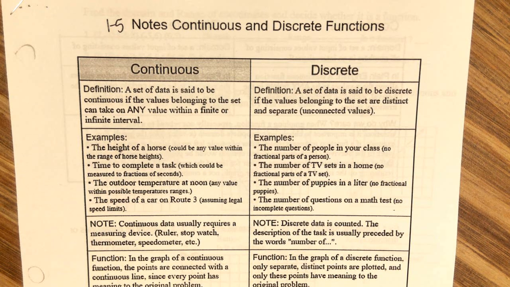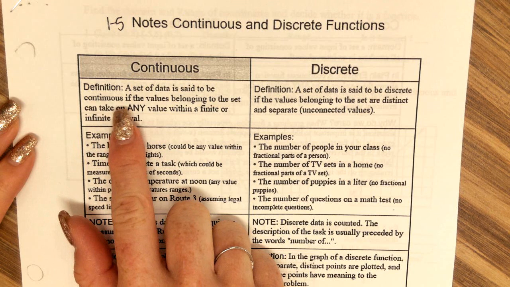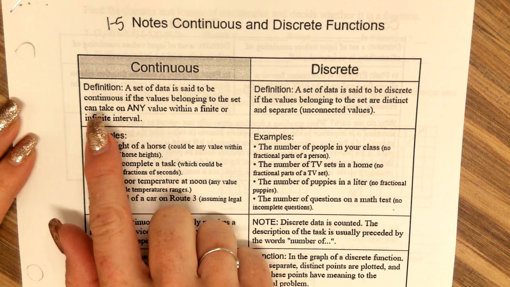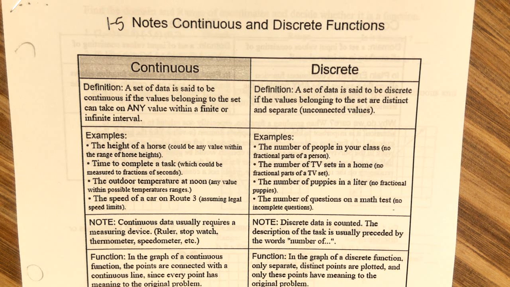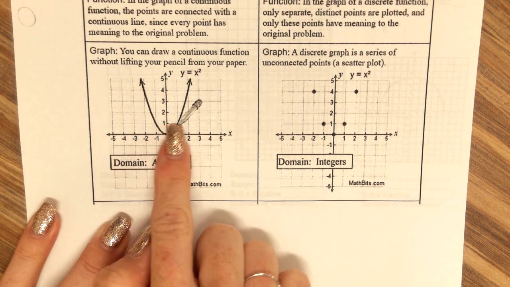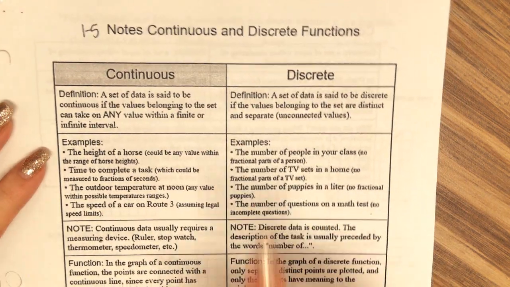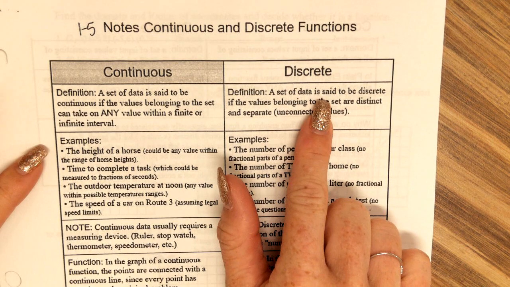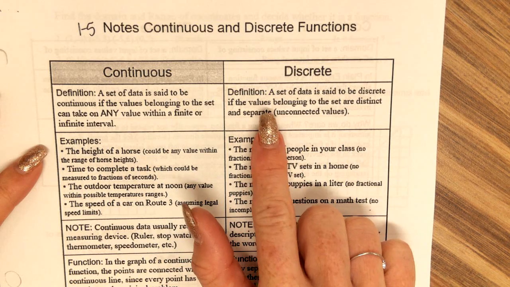A continuous function is a set of data that is said to be continuous if the values belonging to the set can take on any value within that interval. Meaning, when you graph it, if you connect the dots, it's continuous. Look at the bottom down here. Do you see how it connects the dots? Discrete is a set of data if the values belonging to the set are distinct and separate.